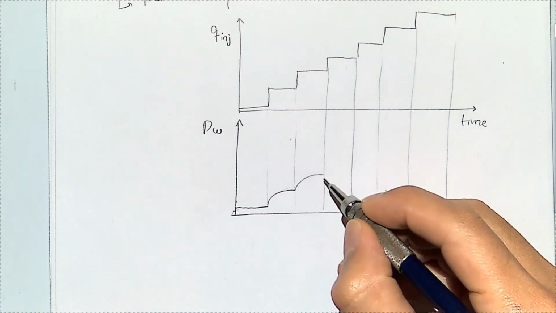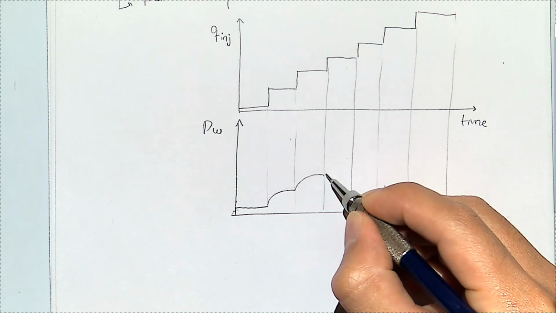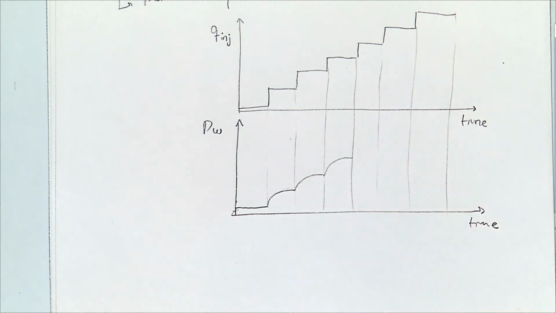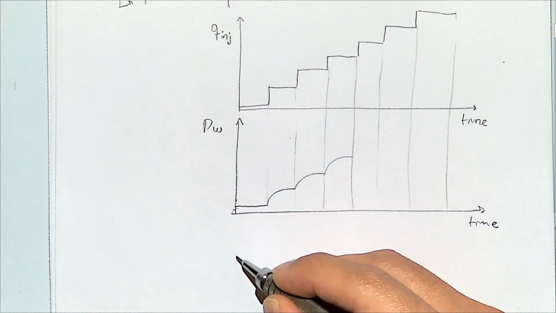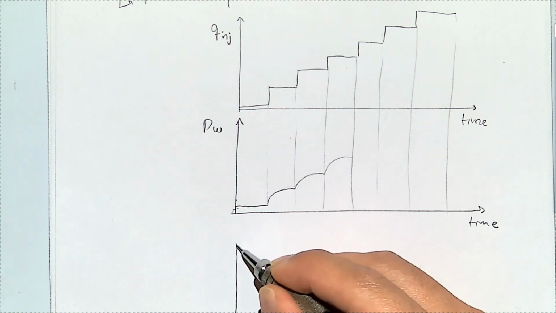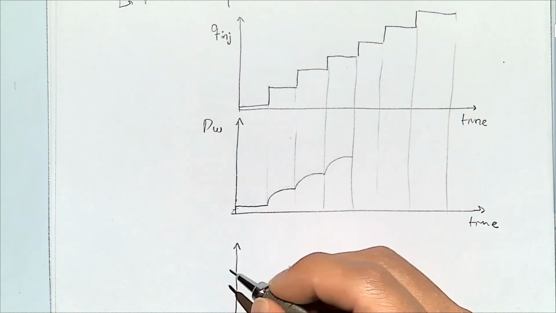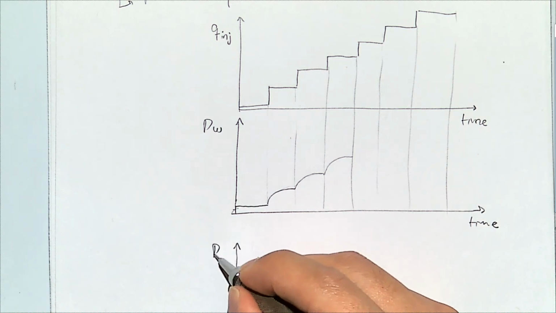So let's do one more over here. Up to this point, the increases of pressure are going to be more or less linearly related to the increase in injection rate.